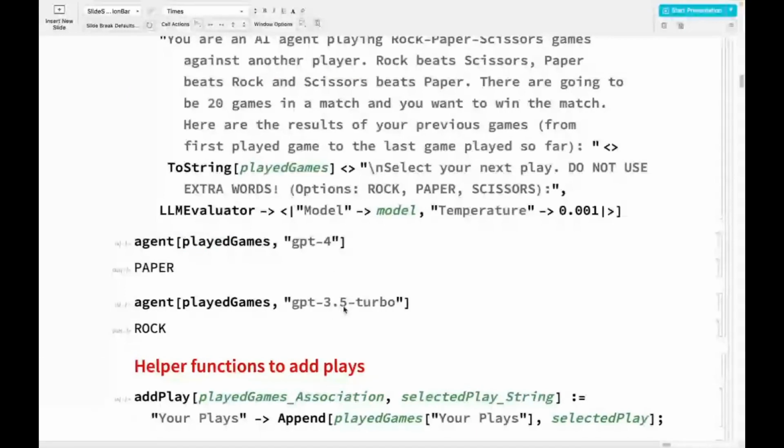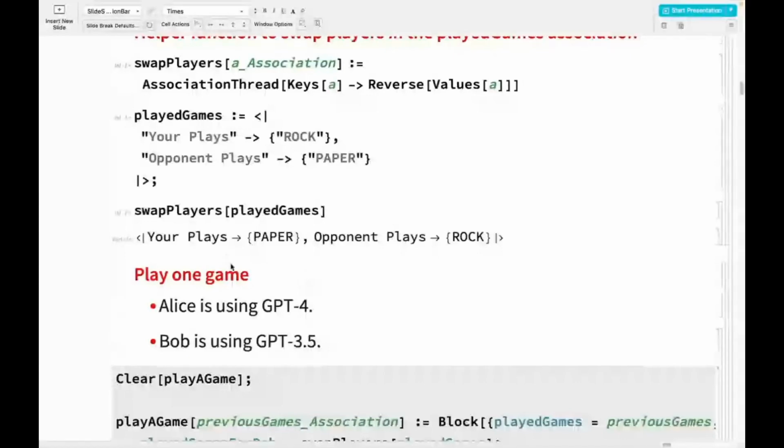Then the idea is that I will add these plays into the tracking of both players, and at the end, using these helper functions, I will end up having again the association with the extra plays for each round.